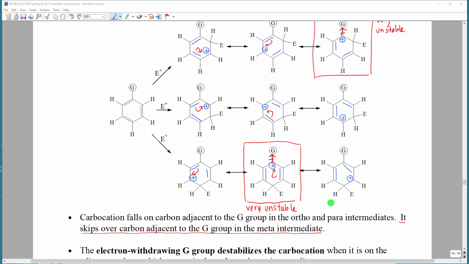In the para, again, we go 8, 12, making a very unstable resonance structure, and then 4. So again, to summarize, the ortho and the para, they both have a very unstable resonance structure, which is going to raise their overall energy, and the meta doesn't.